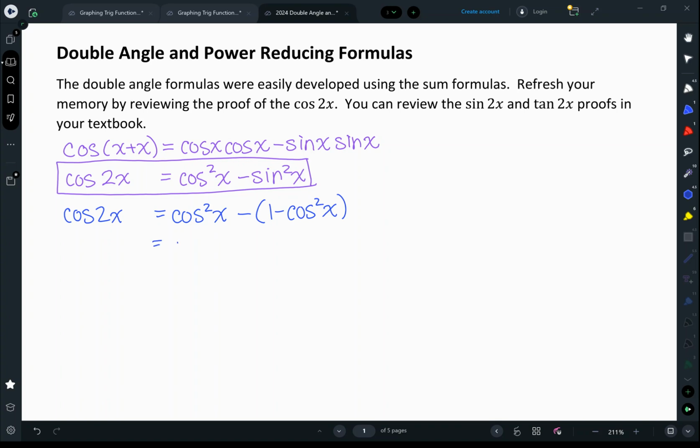And then I get the cosine squared of x minus 1 plus the cosine squared of x is equal to the cosine of 2x. And then I can simplify that to see that the double angle formula for cosine can also be written as 2 cosine squared of x minus 1.